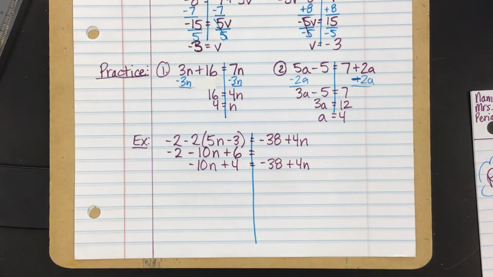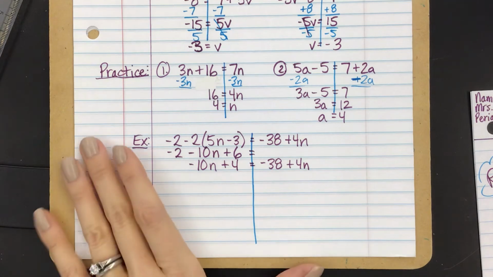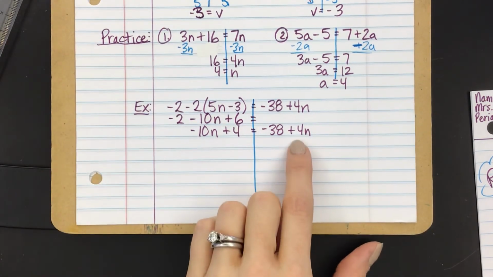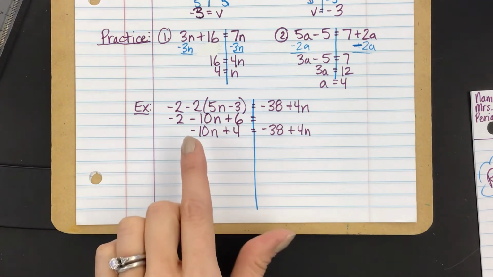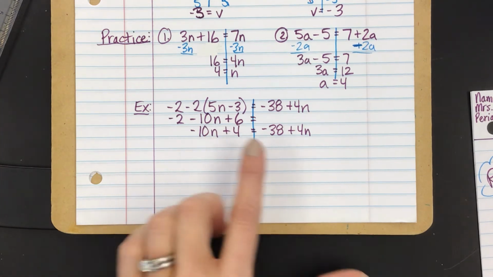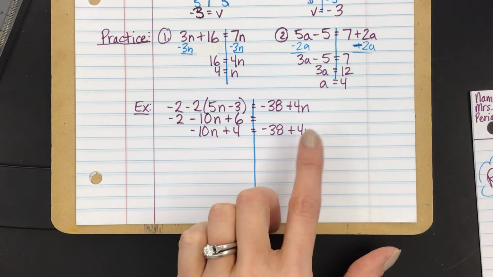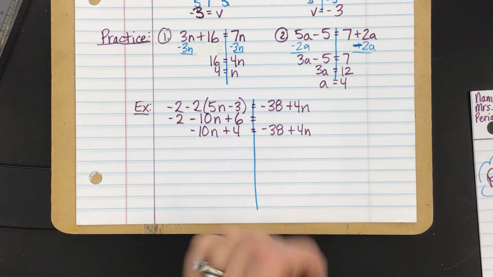Okay. Now that I've distributed, I've combined like terms, now I can move my variables around. Okay. Now, if I were to subtract 4n from both sides, I would get negative 14n over here. Or I can add 10n, and I'll end up with a nice positive number over here. So that's what I'm going to do.